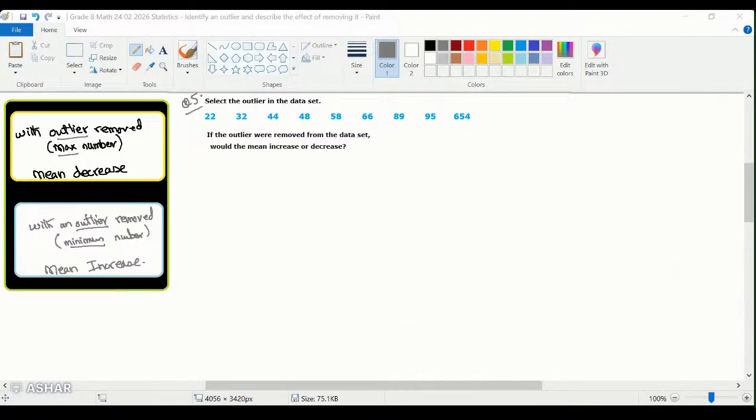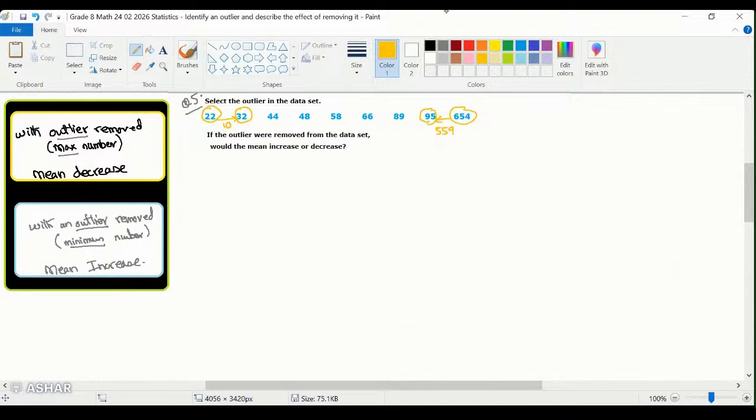Which value is the outlier? In order to find the outlier, we look at the minimum number and the maximum number. The difference between the first two numbers was 10. And what is the difference between these two numbers? 654 minus 95. That means the difference between these two numbers was 559.